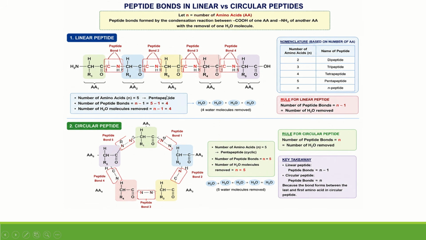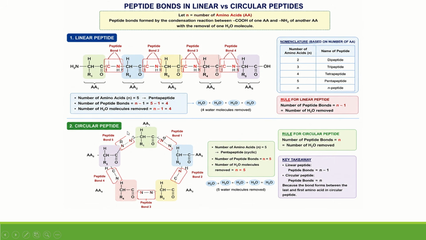So, in a pentapeptide, number of peptide bonds are n minus 1, that is 5 minus 1 is equal to 4, and number of water molecules removed are also n minus 1, that is 4. So, for each peptide bond formation, one water molecule is eliminated, and in a pentapeptide 4 water molecules are eliminated.